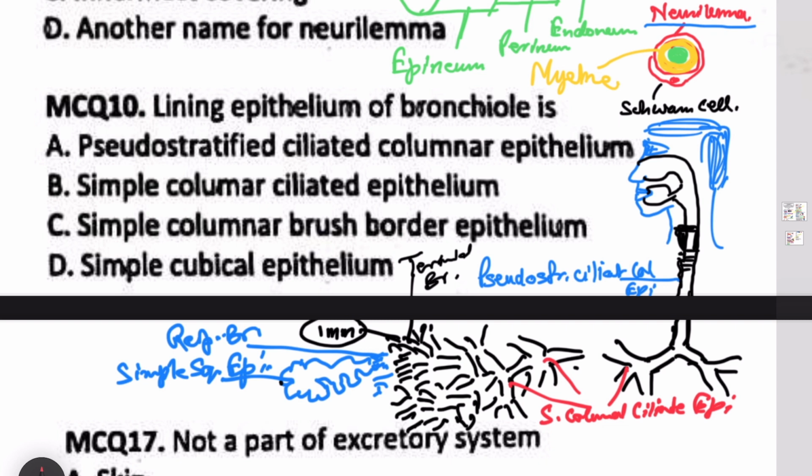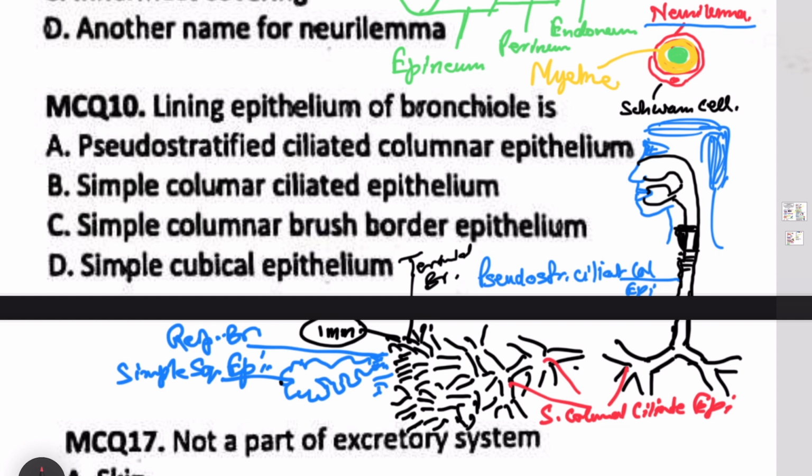Remember, if asked the difference between bronchus and bronchiole, the major difference is that you use the word bronchus up till primary, secondary, and tertiary only, right? And those in the tertiary bronchus aerate the bronchopulmonary segments. The bronchus is one which has cartilage in its walls.